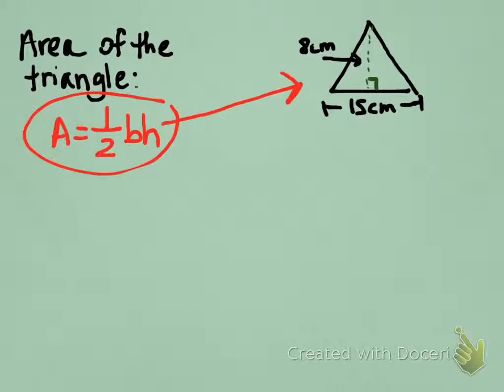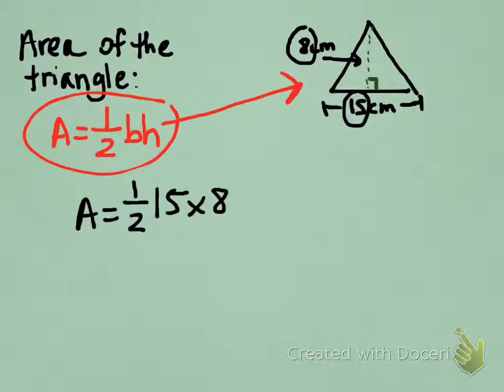So area equals one half. We know that the base here is 15 and the height here is 8. That means half times 15 times 8. How do we do this?